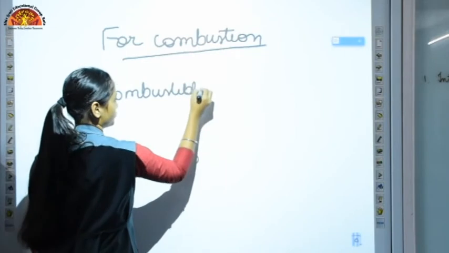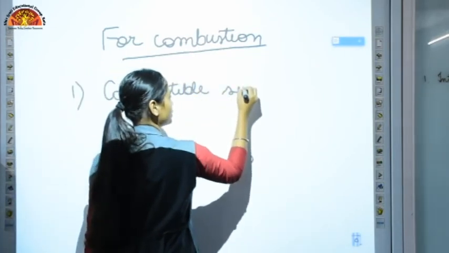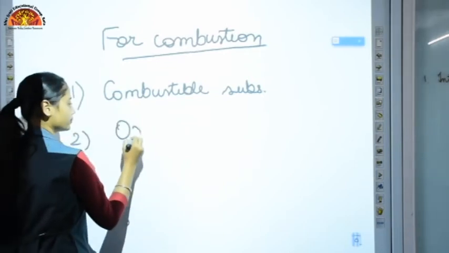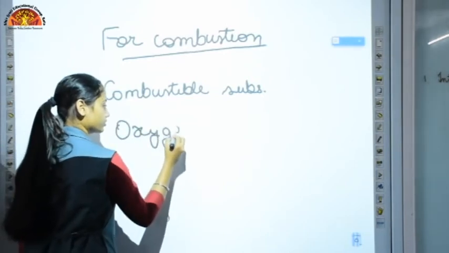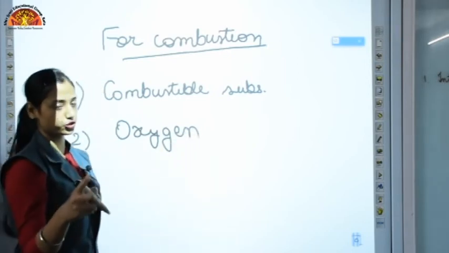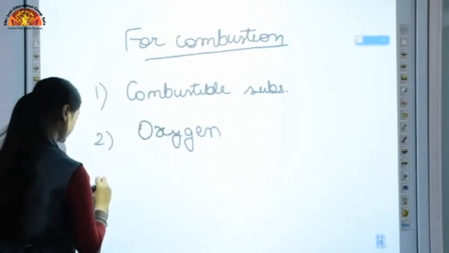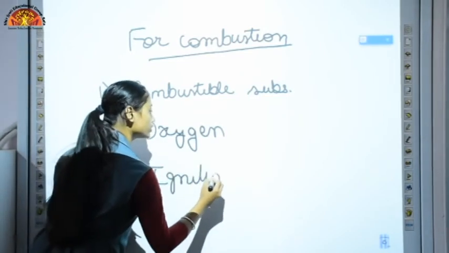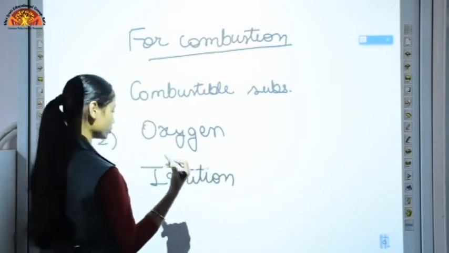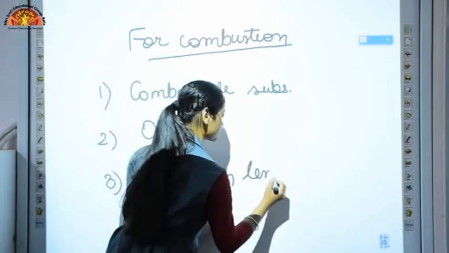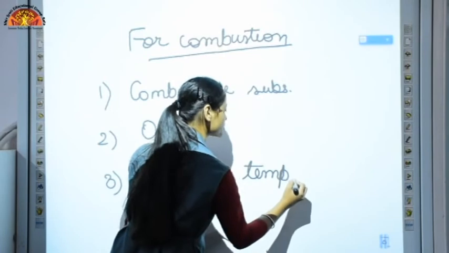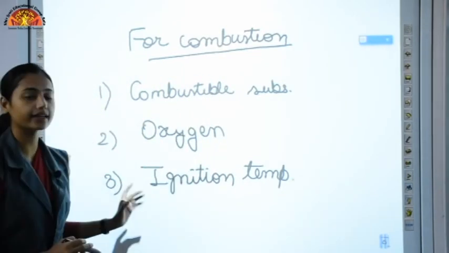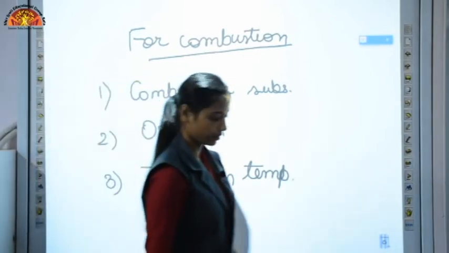If we are having any combustible substance, then only we are able to burn any substance. Second requirement is air, that means oxygen. Why? Because oxygen is the supporter of combustion. Then third is ignition temperature. We need to raise the temperature of that substance to its ignition temperature. They do not burn at room temperature.